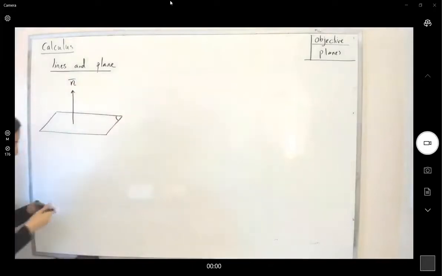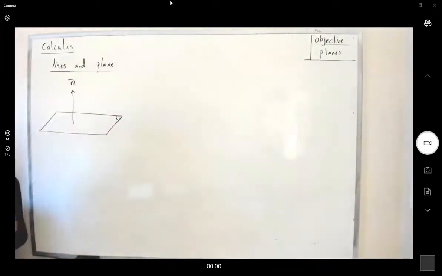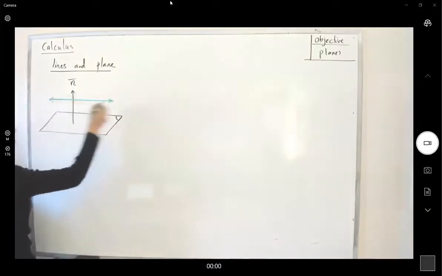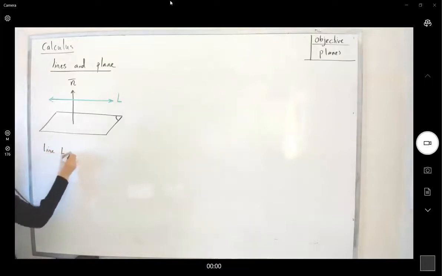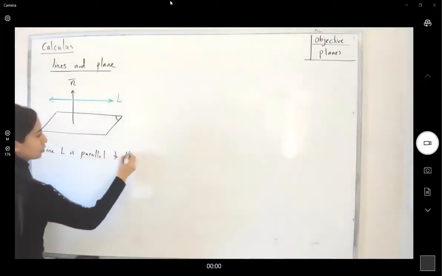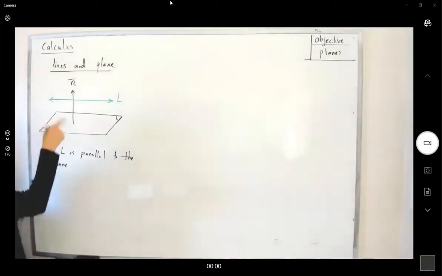And this is your plane. Then you have a line like L1, and that line is actually parallel to your plane. So line L is parallel to the plane.